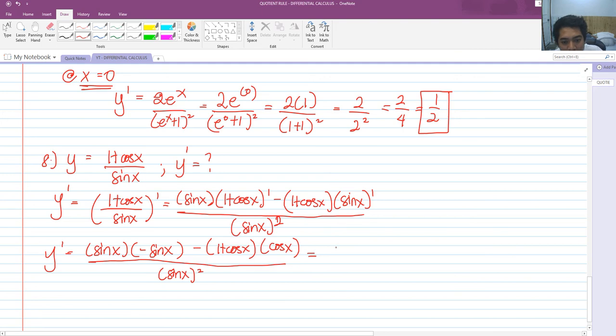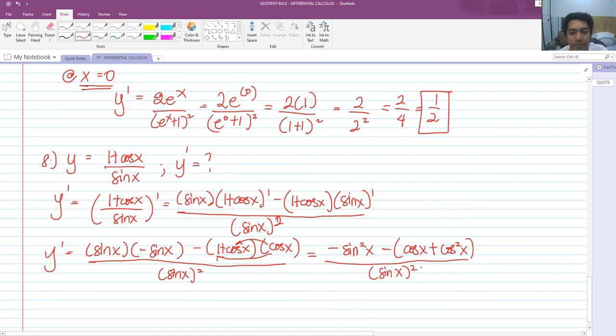So yeah, if you try to do that, sine x times negative sine of x, that's negative sine squared of x. Then we try to distribute cosine of x here. So that would be cosine of x plus cosine squared of x, all over sine of x squared.